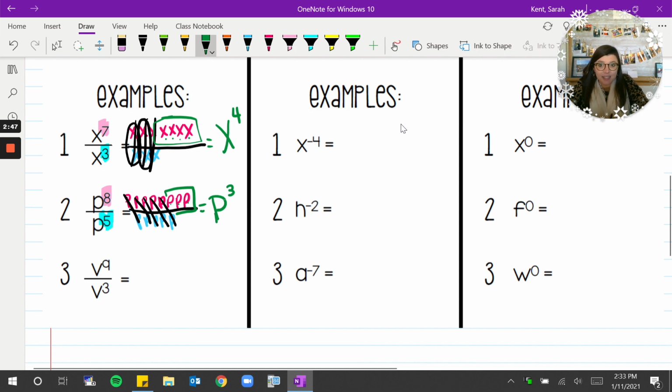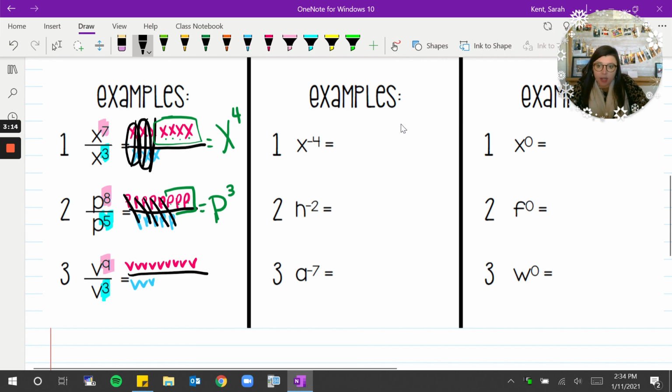And then our last example, we've got v to the power of 9. So that means I'll have 9 v's: 1, 2, 3, 4, 5, 6, 7, 8, 9 v's. And then on the bottom, there are 3, v to the power of 3: 1, 2, 3.